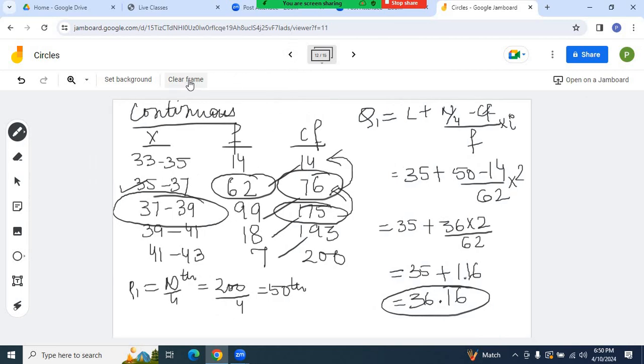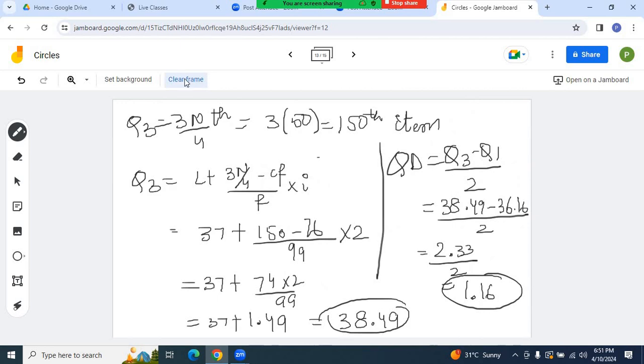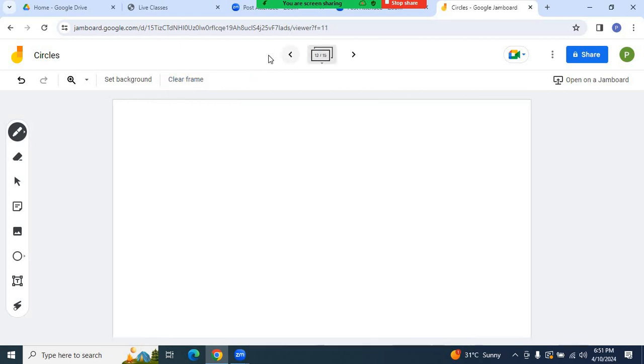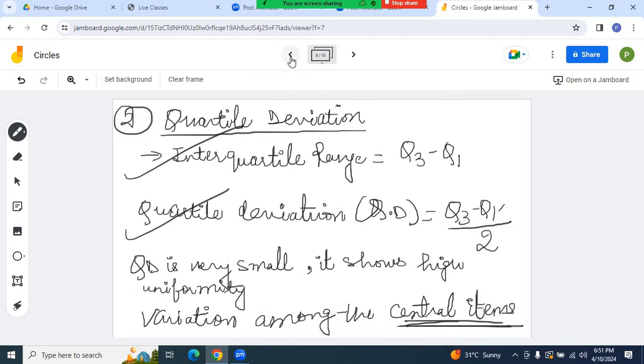Next, I will erase this. The third topic comes, which is a little bit lengthier one, mean deviation. We have covered the first two topics. I will move back and show you.